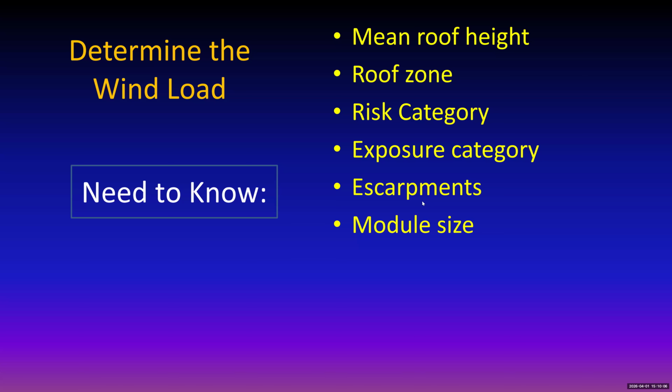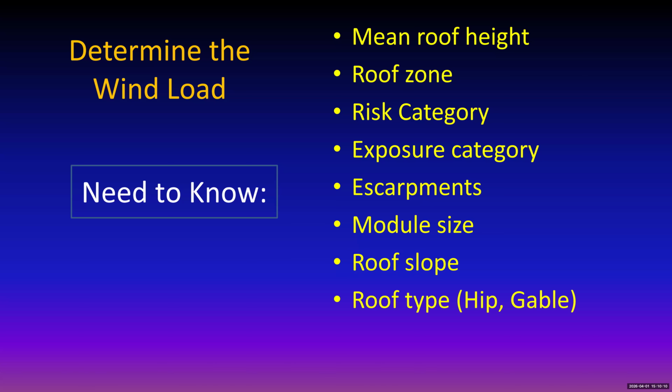You need to know the size of the modules, the slope of the roof, whether it's a hip or gable roof, and how fast is the wind speed? What is the rated wind speed for the area?